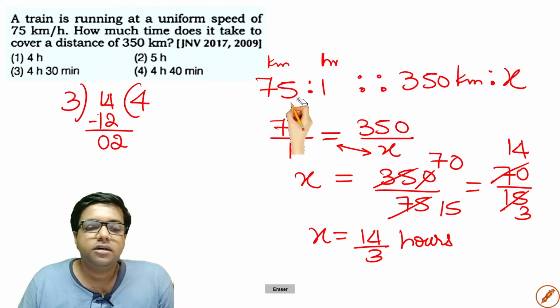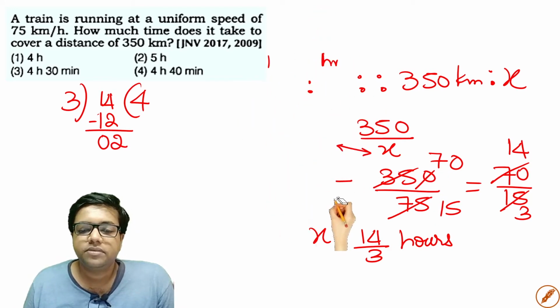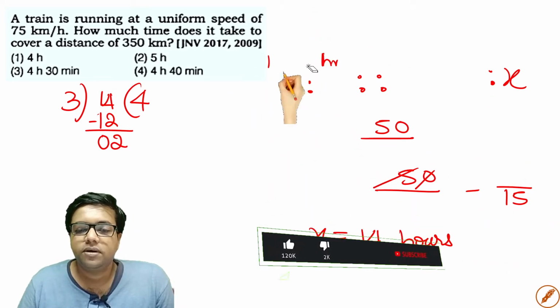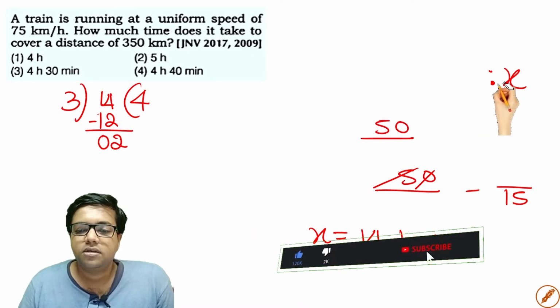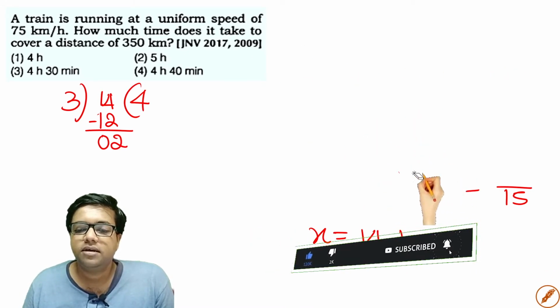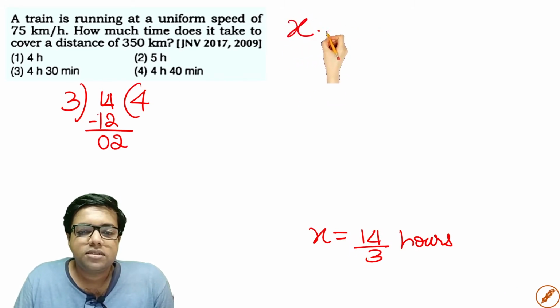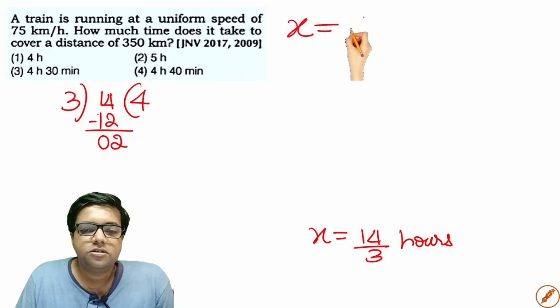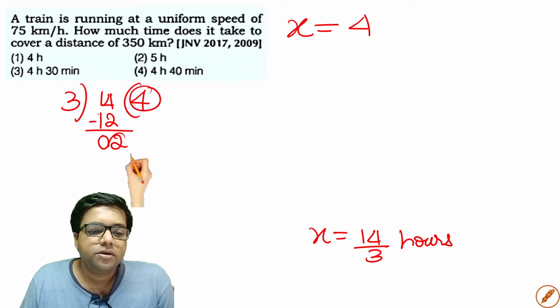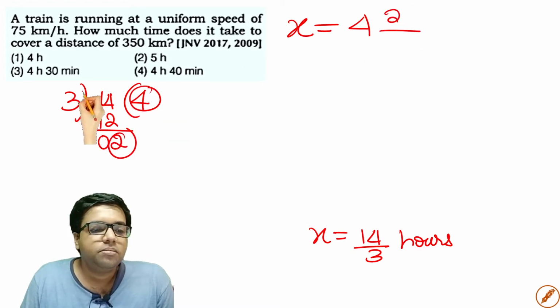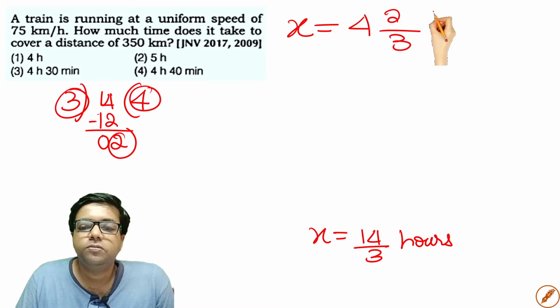So what can it be written as? I will take away the whole part. Since I need space to write more, I will rub away all those things. Now what are the hours? It can be written as 4, the whole number, numerator 2, denominator 3, right? 4 2 by 3 hours.